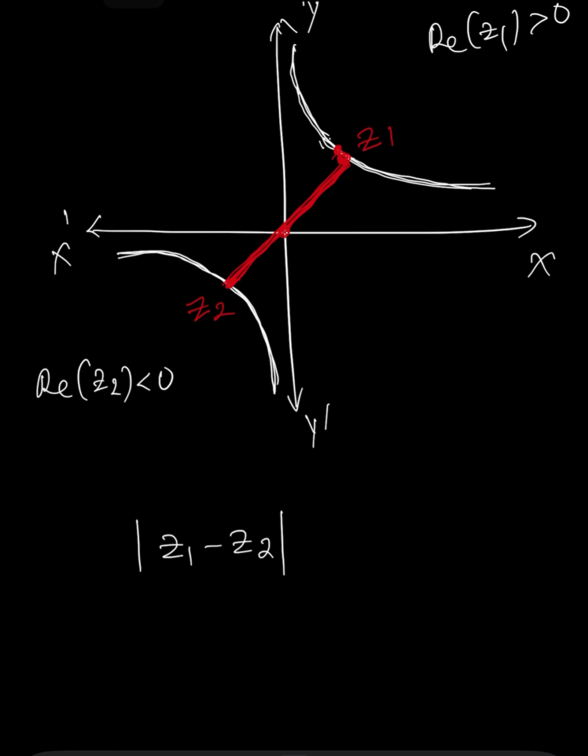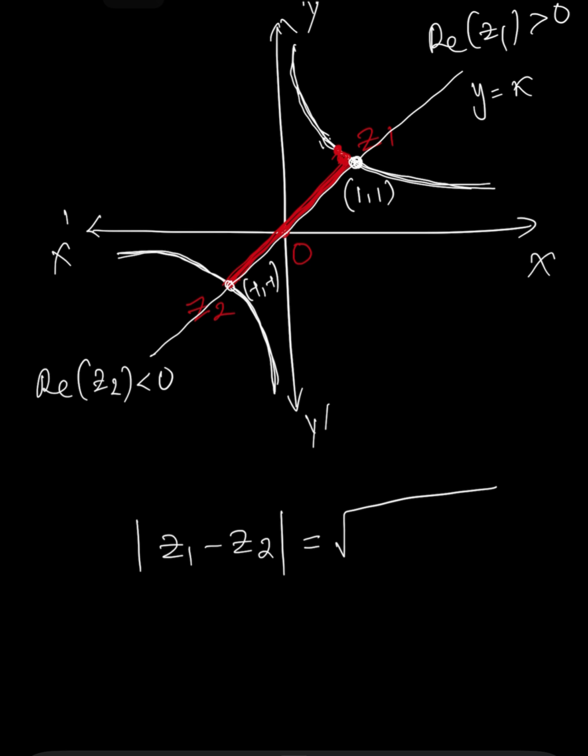Clearly that is the line which passes through the origin, and it makes an angle of 45 degrees; that is y equal to x. And this one is y equal to 1 by x. After intersecting those two, this point is (1, 1) and this point is (minus 1, minus 1), and the distance between those two is root of 4 plus 4, which equals root 8.